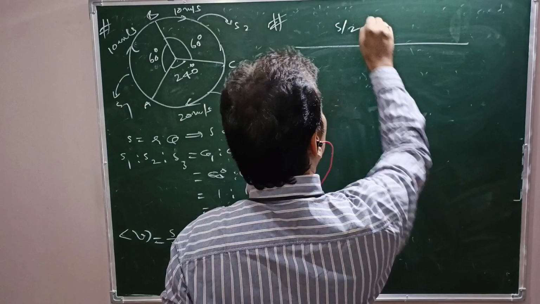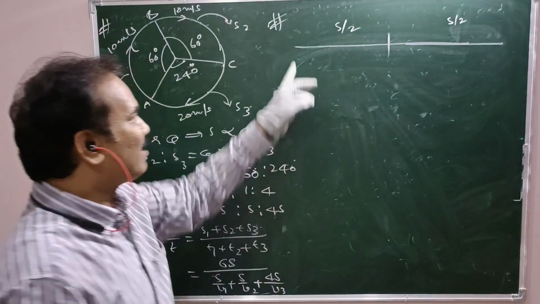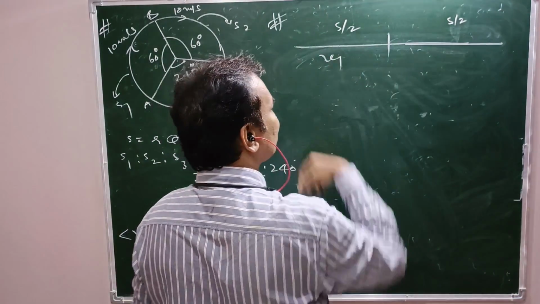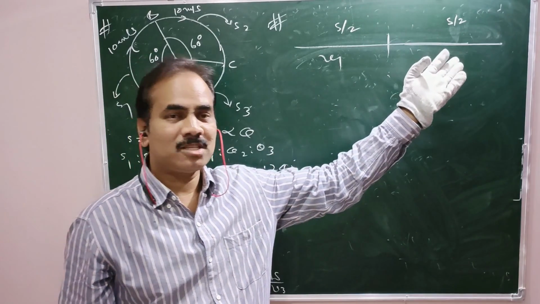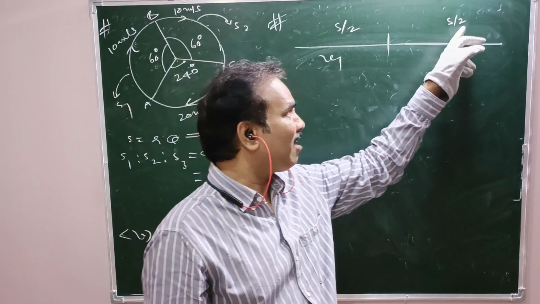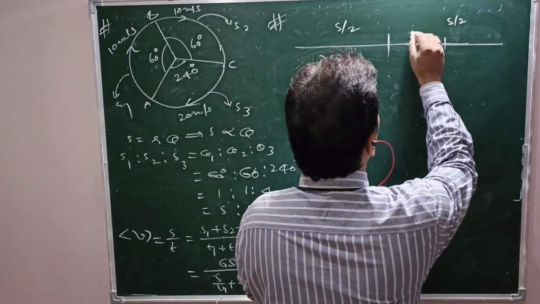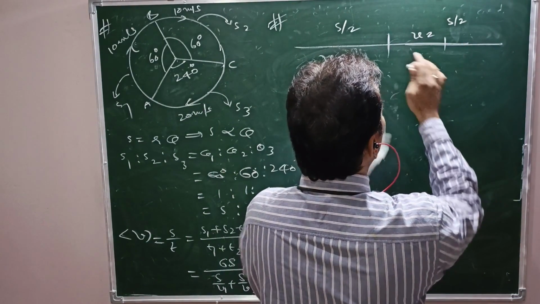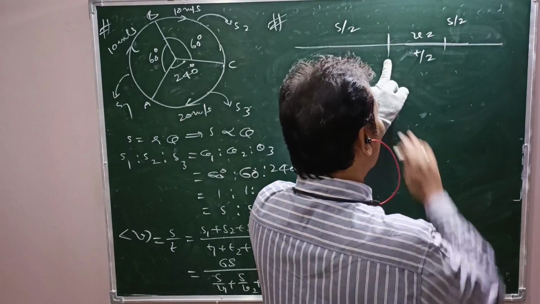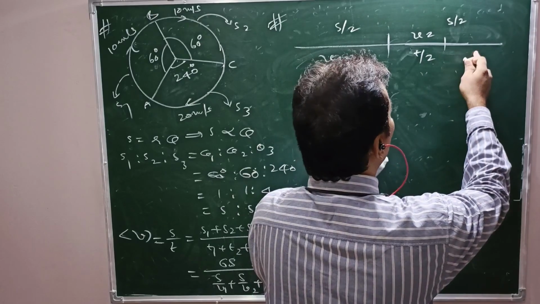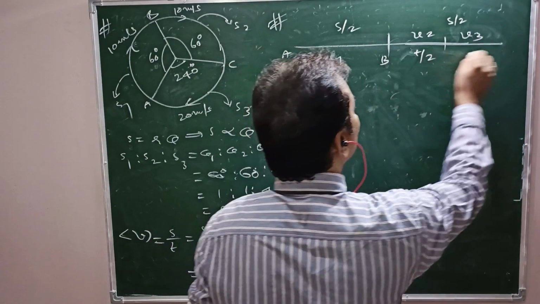Half of the journey distance it moves with the speed v1. In covering the remaining half of the distance, it moves with the speed v2 for half of the journey time, and for the rest of the time with the speed v3. See, this is what A, this is what B, this is what C.